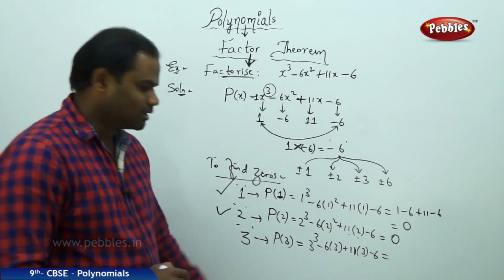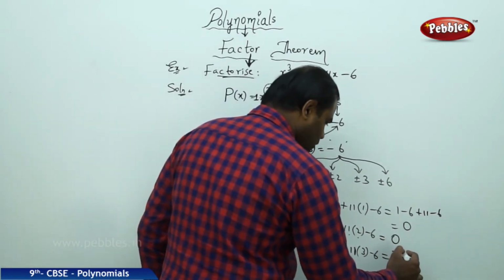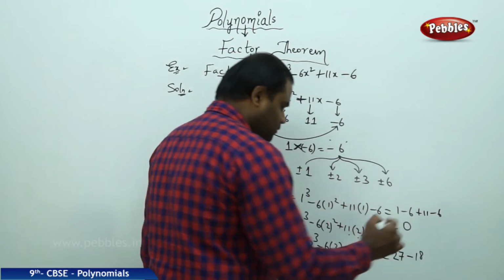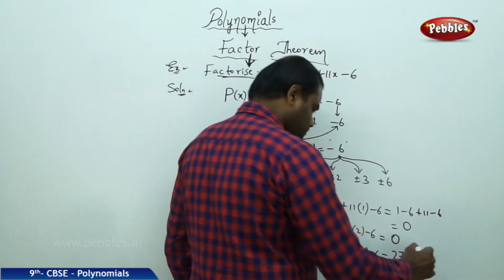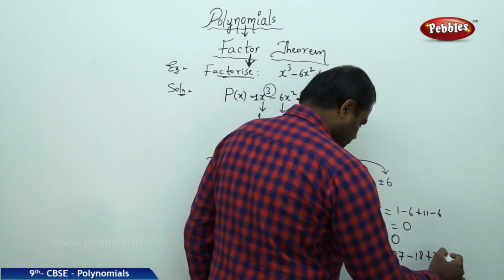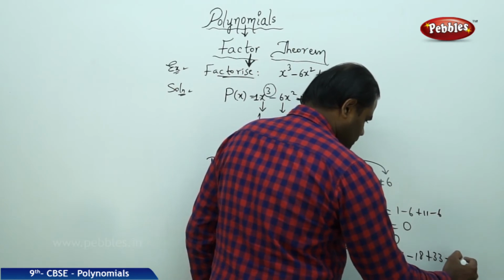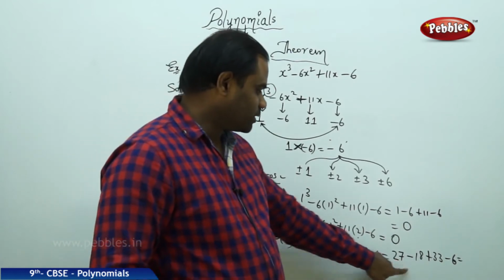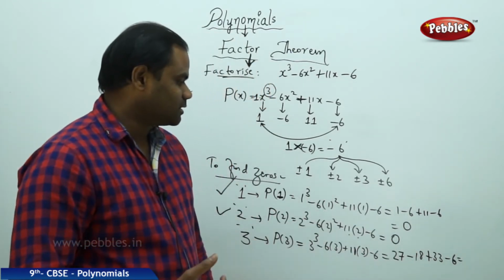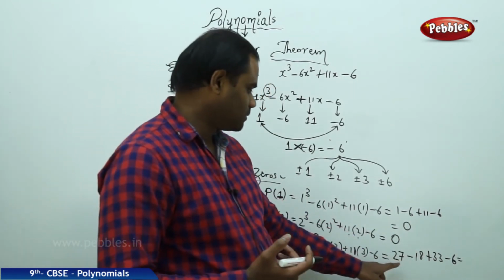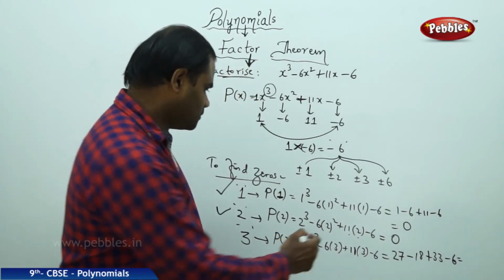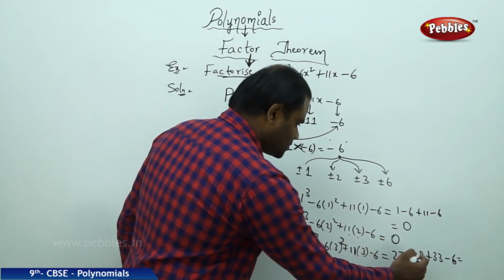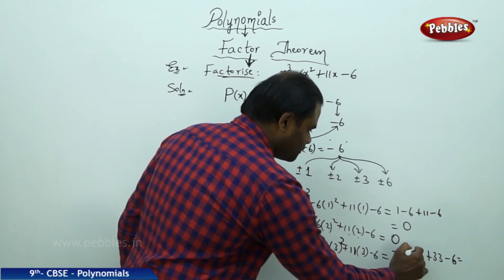On further simplification this gives 3 cubed, which is 27, minus 6 times 9, which is 54, plus 11 threes, 33, minus 6.